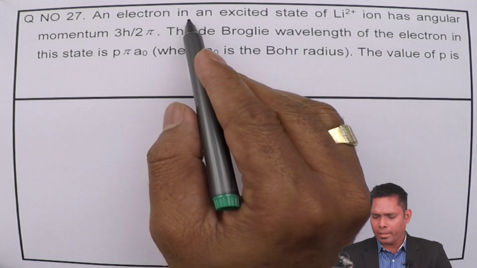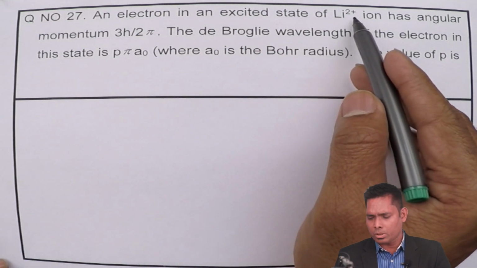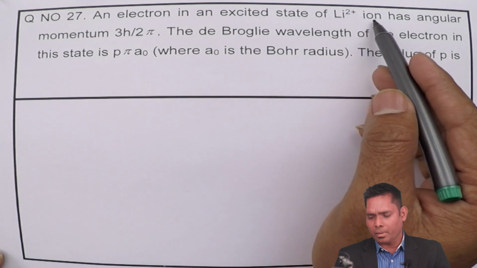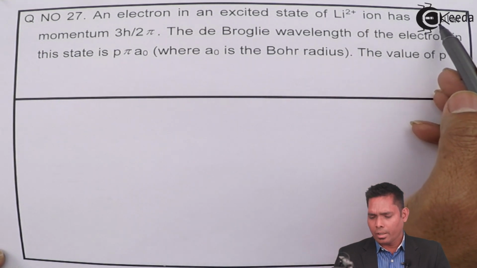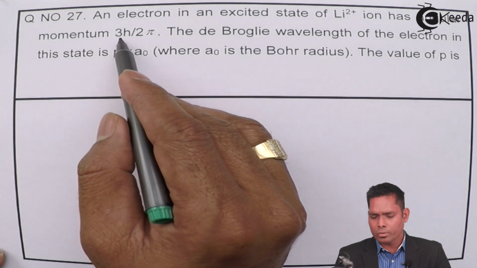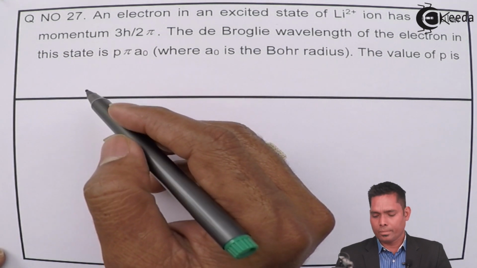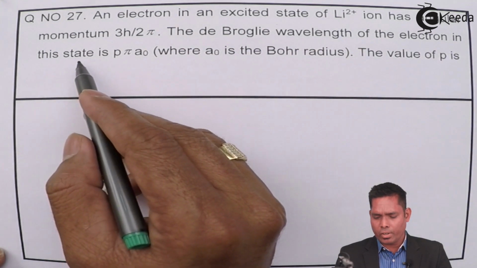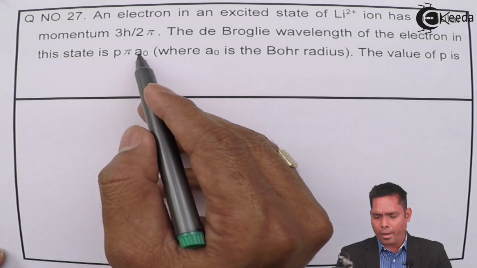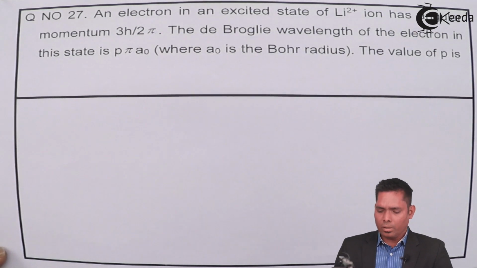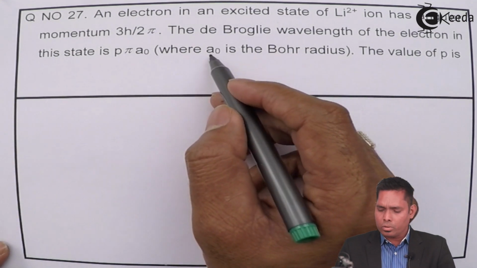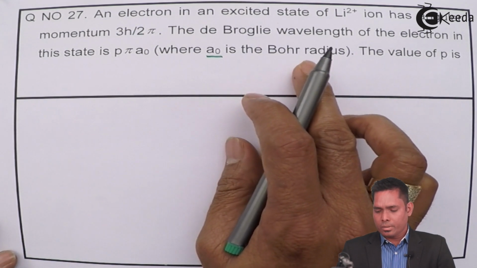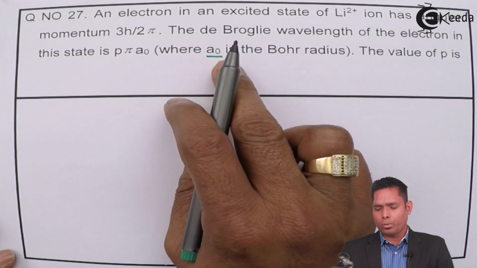An electron in an excited state of Li2+ ion, so doubly ionized lithium atom, has angular momentum of 3h over 2 pi. The de Broglie wavelength of the electron in this state is p pi a naught, where a naught is the Bohr radius, the first orbit obviously of Bohr radius.